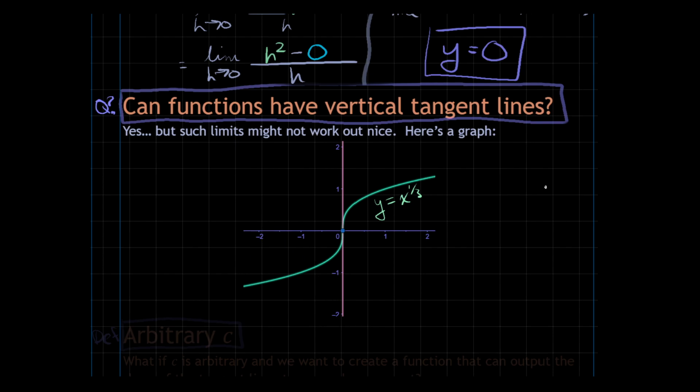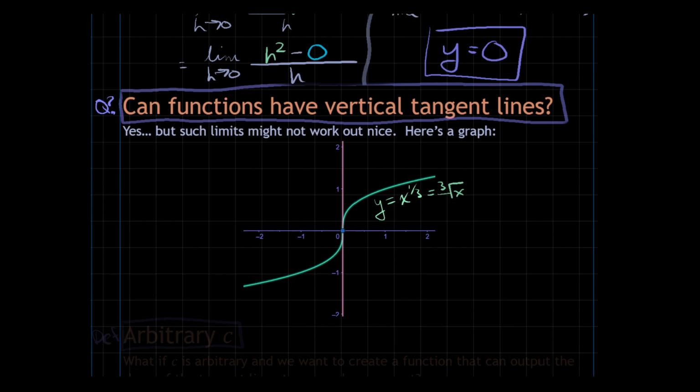Your cube root function, x to the 1/3, is the same as cube root. That does have a vertical tangent line right at 0. The graph looks like it wants to go vertical for a brief moment before turning the other way, in a sense.